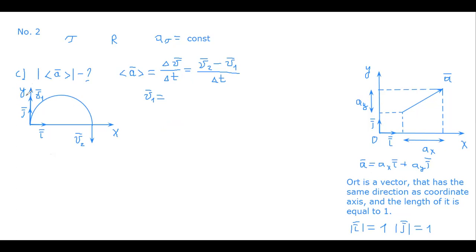We can see velocity here, this arrow. This arrow has the same direction as vector y. So we can write v1 in this way. And what about v2?